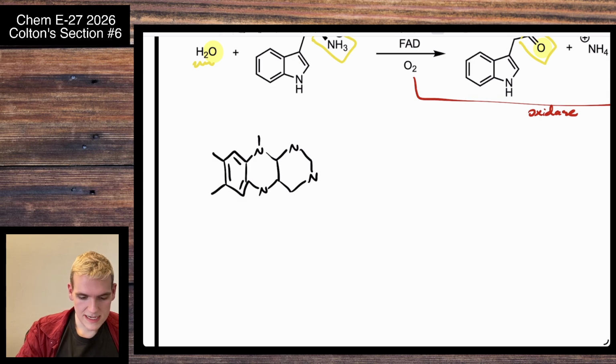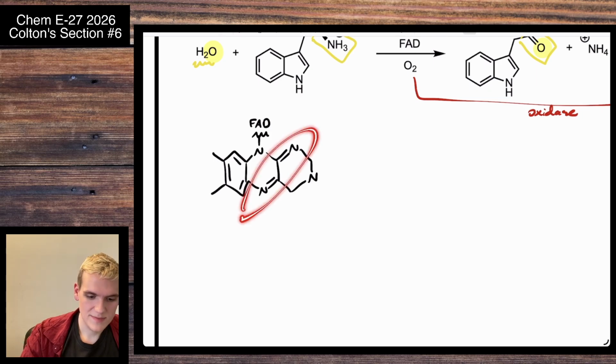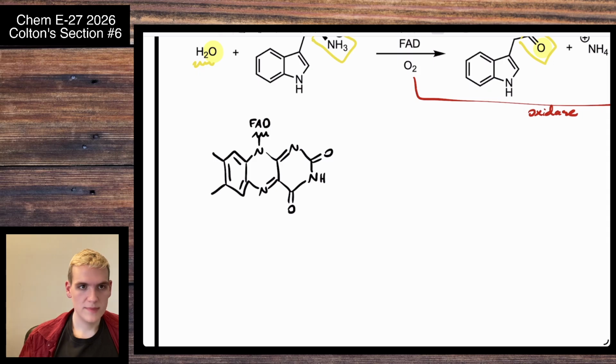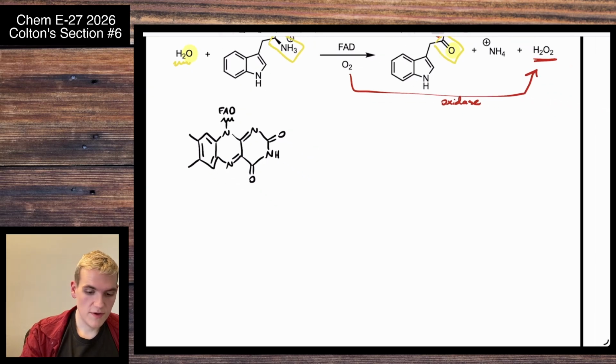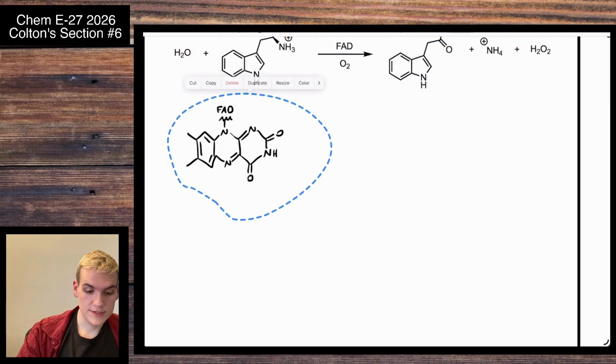Then the middle one, we connect the top up to a squiggle, and we call it FAD. And then we need diagonal bonds here with these 2 nitrogen carbons. And lastly, we add a couple of carbonyls and a hydrogen. That's our FAD.